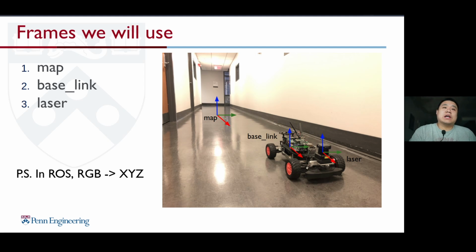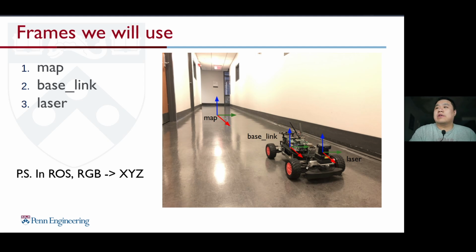As a side note, in ROS, the frames that you see in visualizations usually have three axes, and the colors, in the order of RGB, correspond to the X, Y, and Z axes.